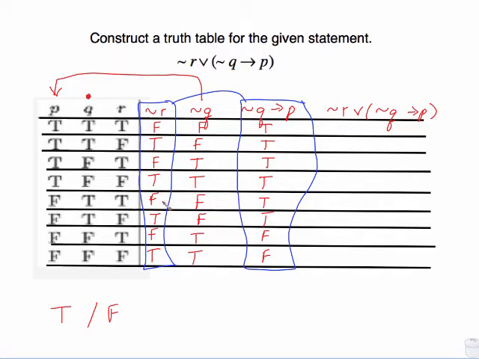The only place I have false, false between these 2 blue columns is right here. False, false. That will give me a false, which means all these other entries should be true. Remember also with OR, the other way to look at it is if you have at least 1 T between the 2 columns, it's going to be true. There's 1 T, and that's why this is T. I have 2 T's, that's why that stays T, etc. You can look at those.